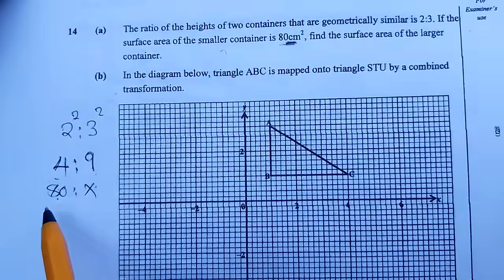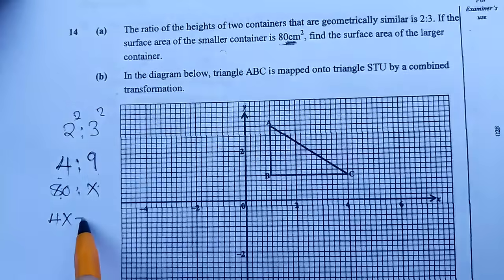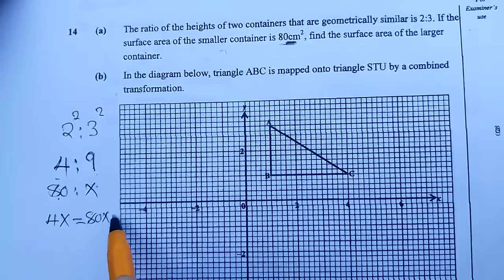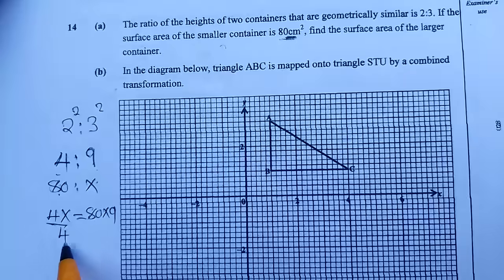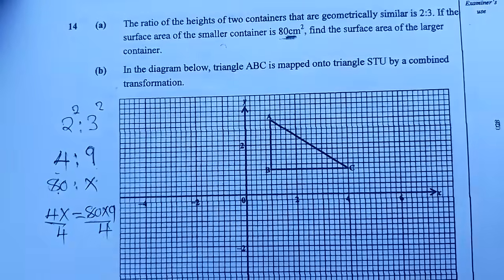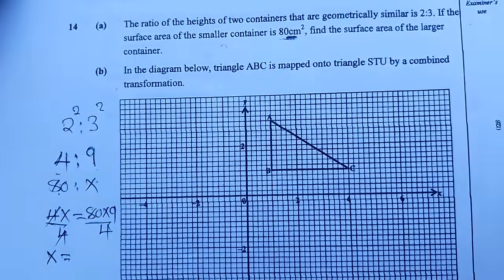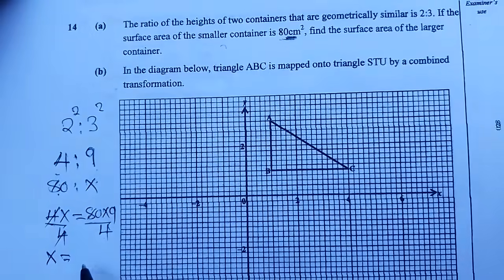Then now this times that is 4x is equal to. So you are multiplying 80 times what? 9. This is what you are doing. So you say over 4, you also divide by 4 this side. So this cancelled. You remain with x is equal to. Have you seen x is equal to? So what is 4 into 80?